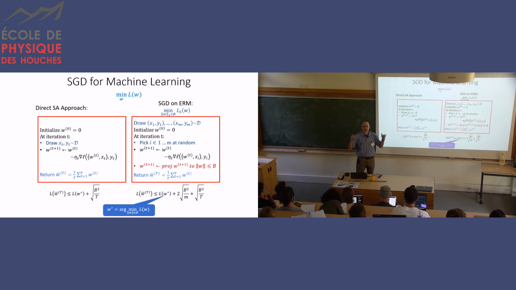Where is this knob that controls what ball of predictors I want to compete in? What is my hypothesis class? Is the question clear? So what's going on here? In the direct approach, since I'm not doing a projection step, what's the parameter that actually controls what I'm competing with?